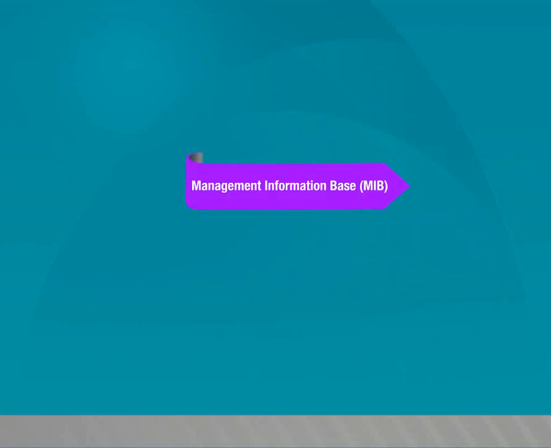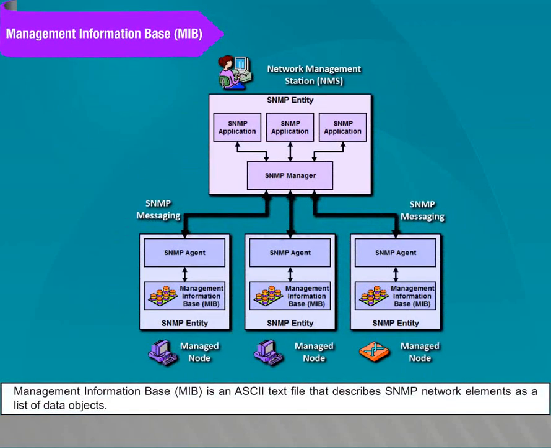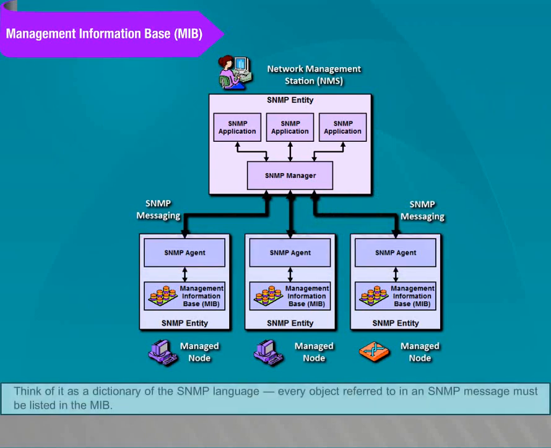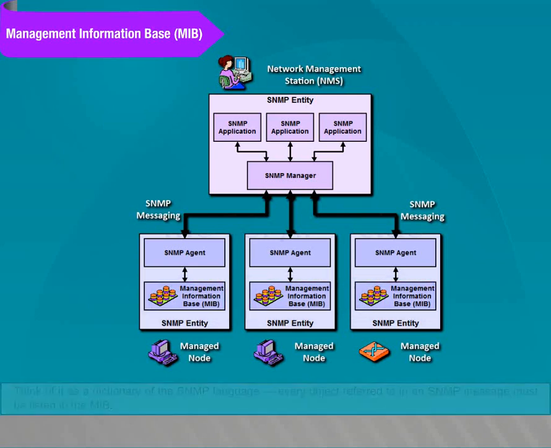Management Information Base (MIB). Management Information Base (MIB) is an ASCII text file that describes SNMP network elements as a list of data objects. Think of it as a dictionary of the SNMP language. Every object referred to in an SNMP message must be listed in the MIB. MIB needs.